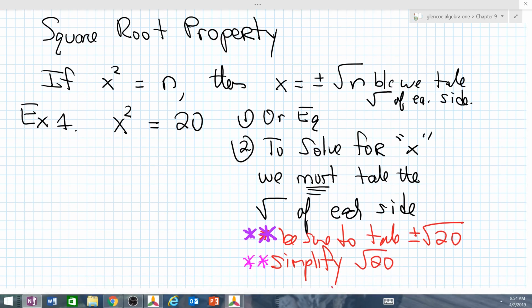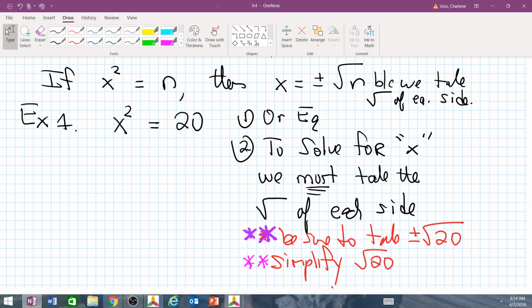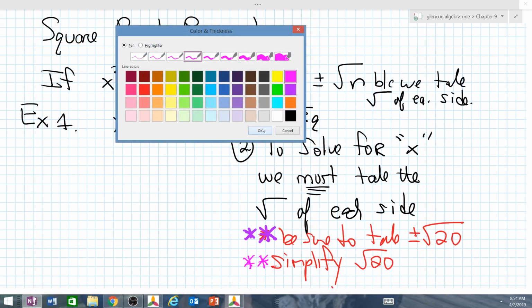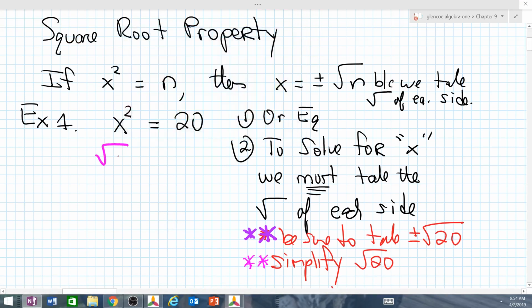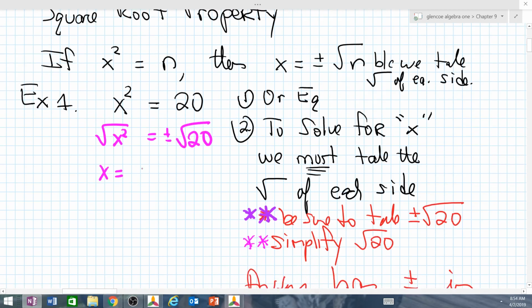So we're going to take the square root of x squared and the square root of 20. And what we get is x equals, and we're going to prime factor this, correct? Are y'all with me? And x is going to equal plus and minus 2 radical 5.